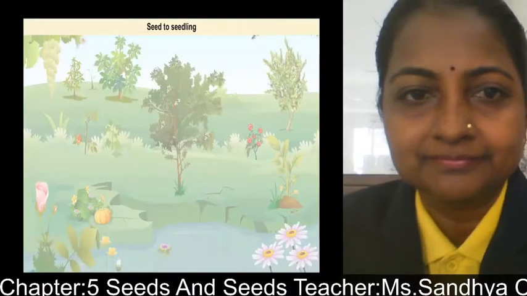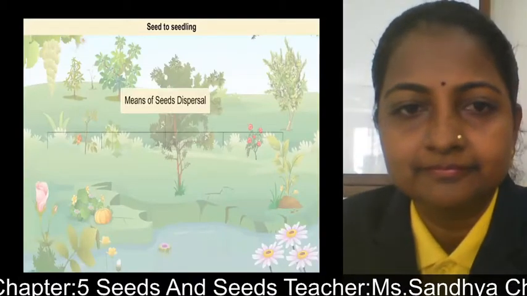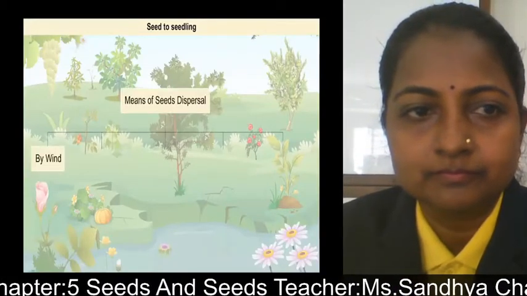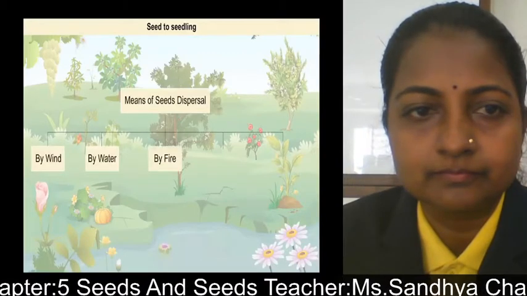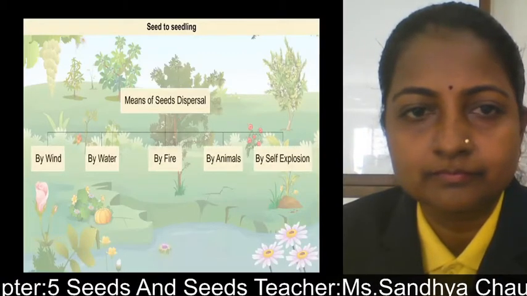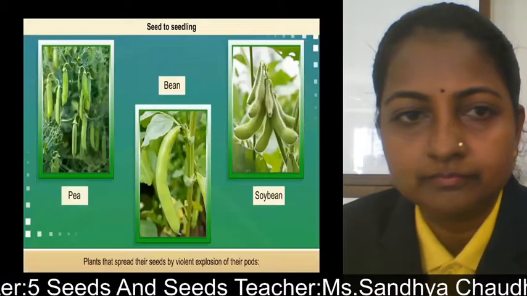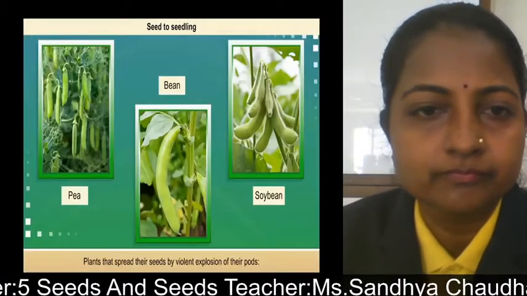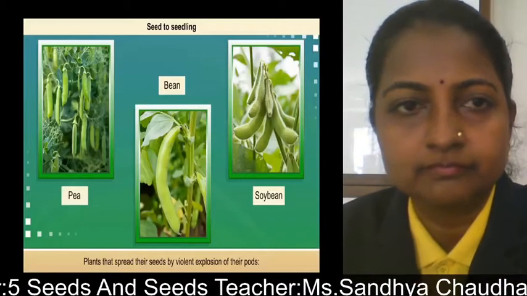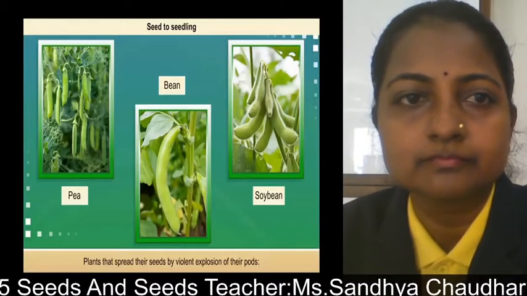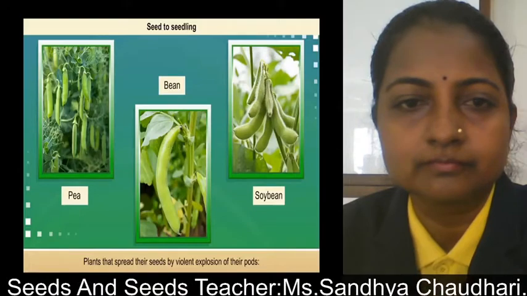By different means, seeds may get dispersed by wind, water, fire or animals. Some plants even shoot their seeds out explosively. Plants like the pea, bean, soybean, etc. spread their seeds effectively without any external help.